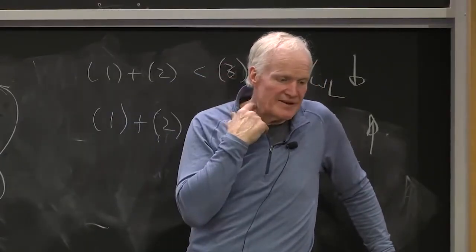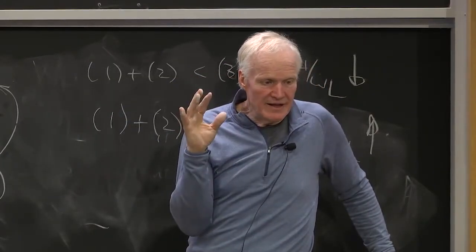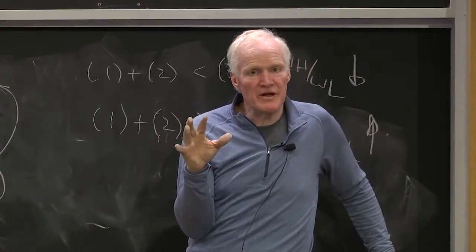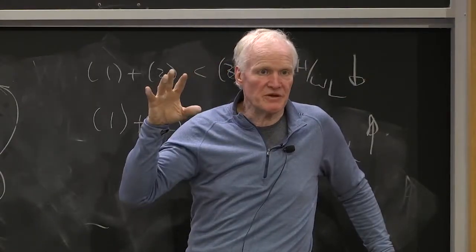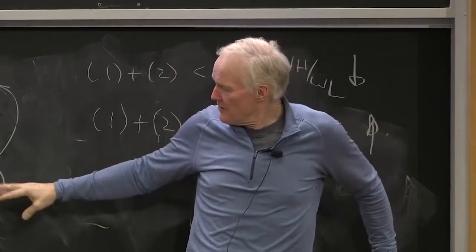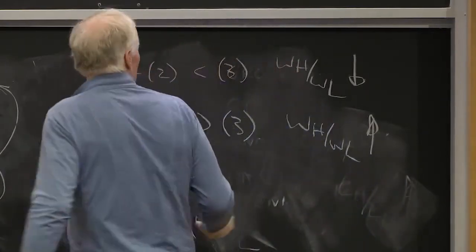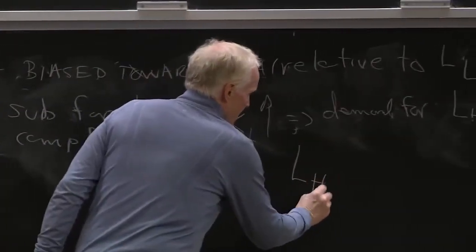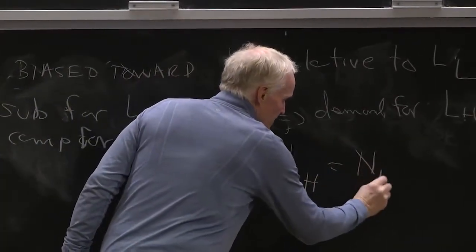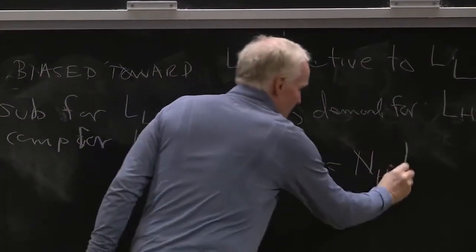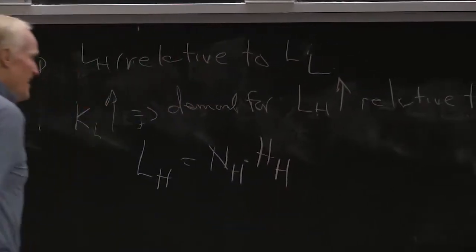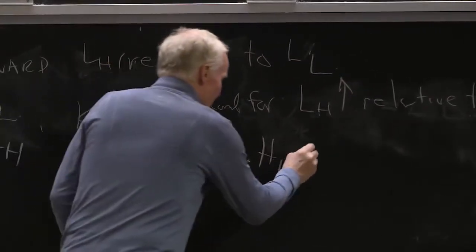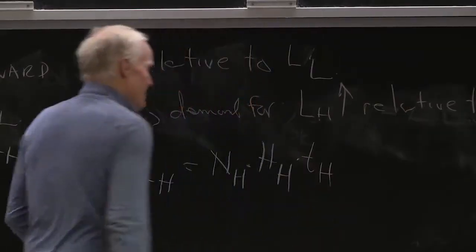So here's the way I like to think about it. There's two dimensions, and this gets back to the question that was asked earlier. You can think about L_H equals N_H times H_H times T_H, right?